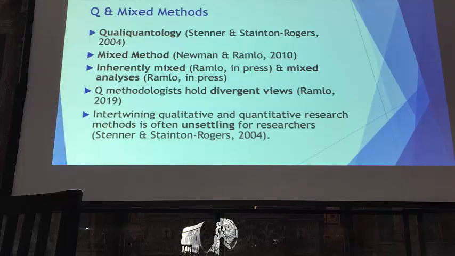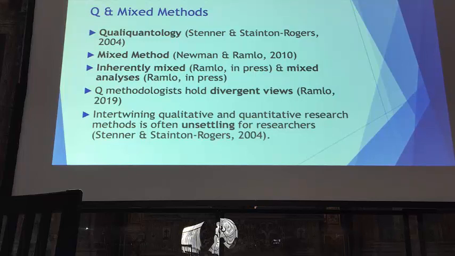When you interpret the R factor structure, you're still doing something that's much more qualitative. And of course, I recently had a publication about how Q methodologists hold different divergent views, and I thank anybody who was here who participated in that study. And so we see, right, qualitative and quantitative in Q.